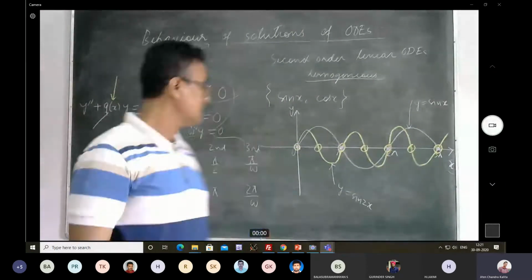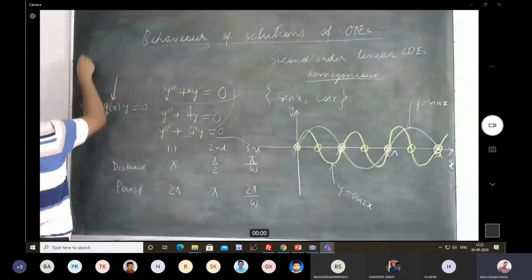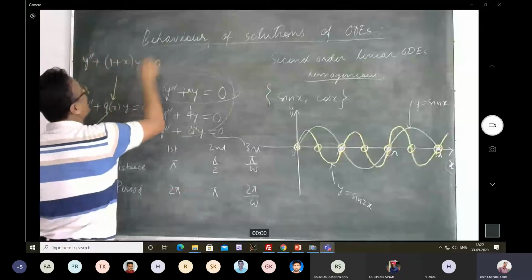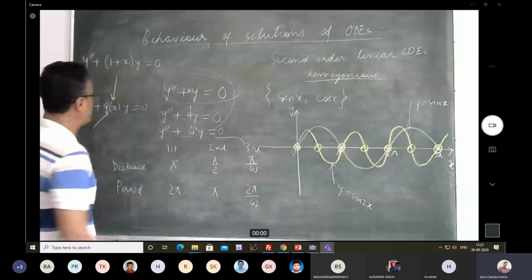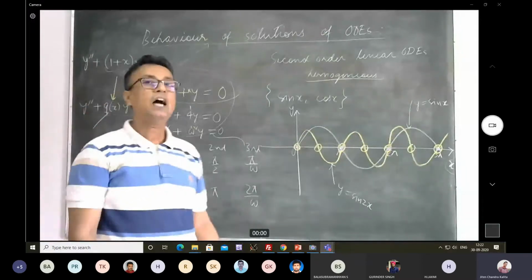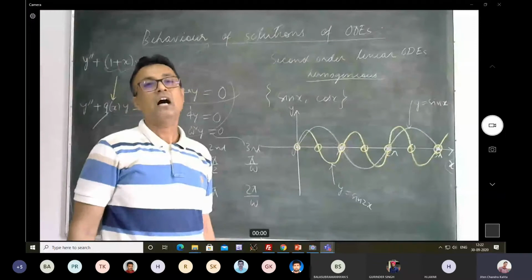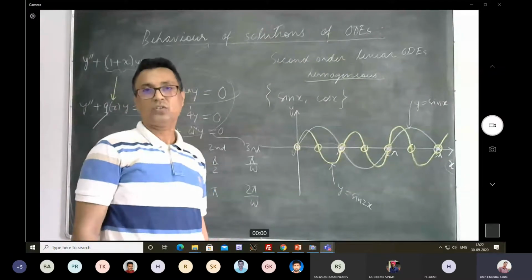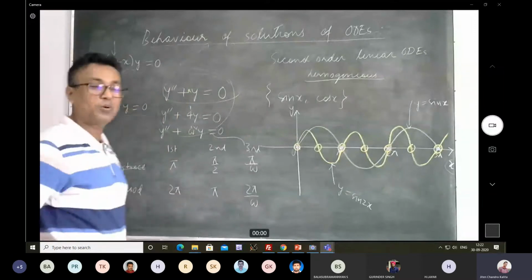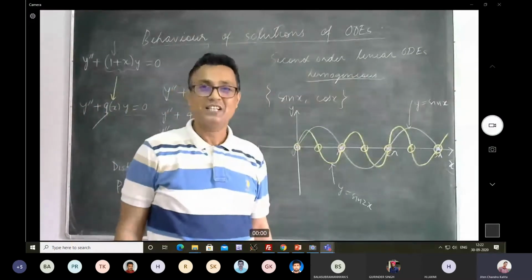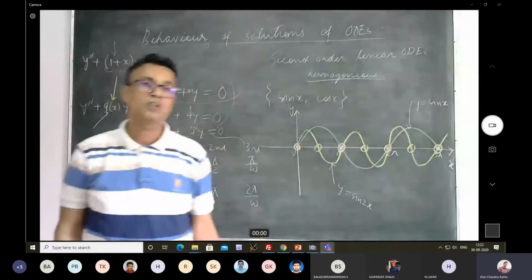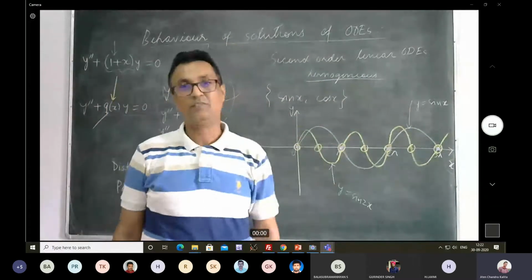In the second case, I am going to consider this equation, where you can see that q(x) is not a constant, and we will see how the solution behaves under certain initial conditions. This one will be extremely difficult to solve analytically; maybe we would have to go for a power series. I don't know, but I can solve it numerically pretty easily.